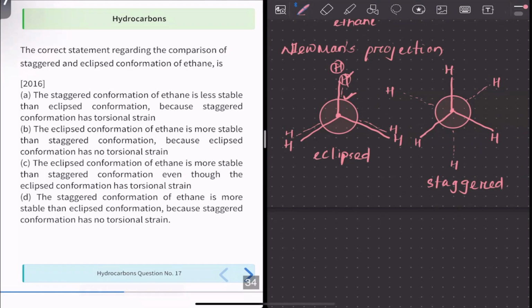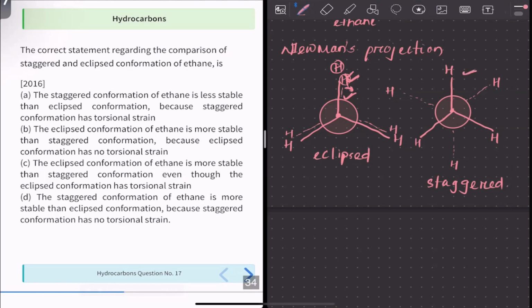Repulsive force means it is unstable. Due to the repulsive force, the hydrogen atoms will face some torsional force, like rotational force. Due to that force, this molecule will be relatively unstable.